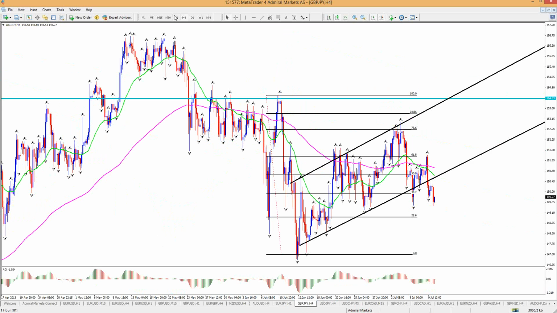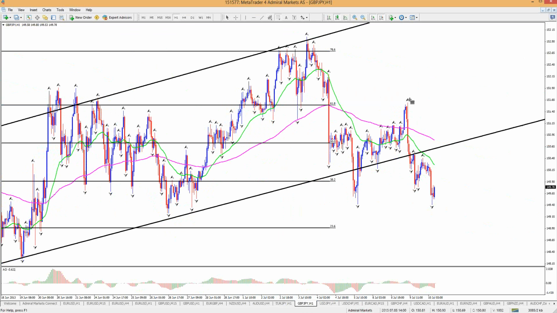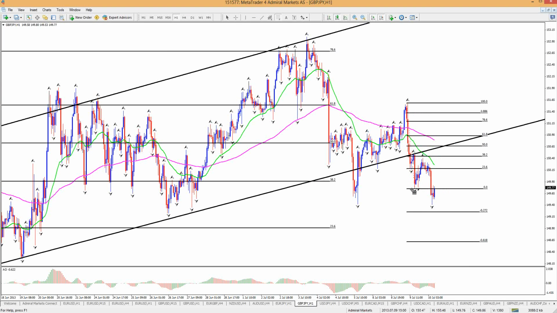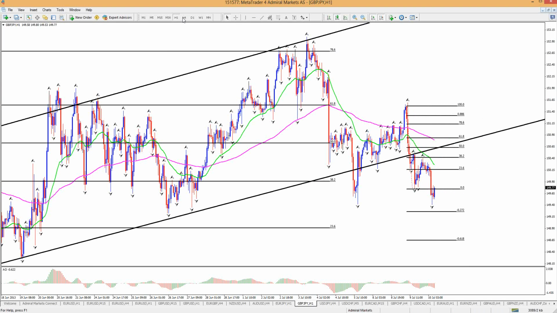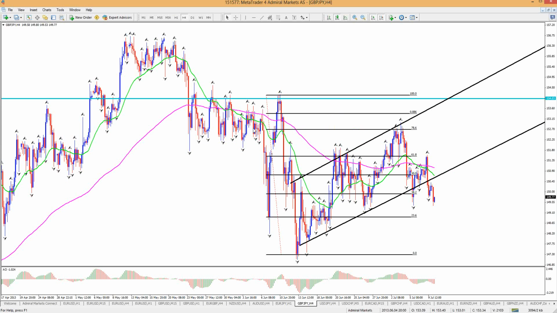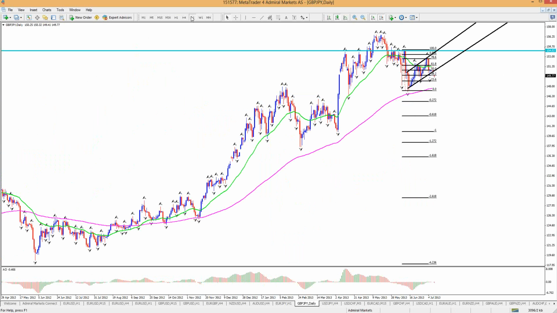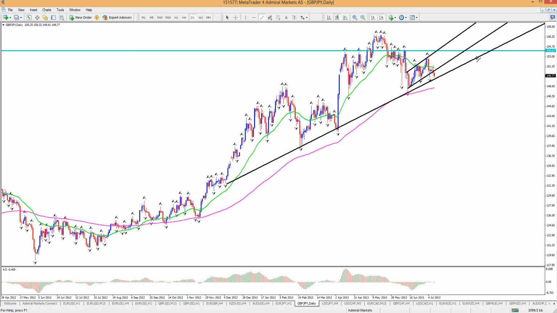Pound yen. This one is a bit different. It too could be in a huge channel to the upside here like that. So we're basically right at the bottom of that channel.